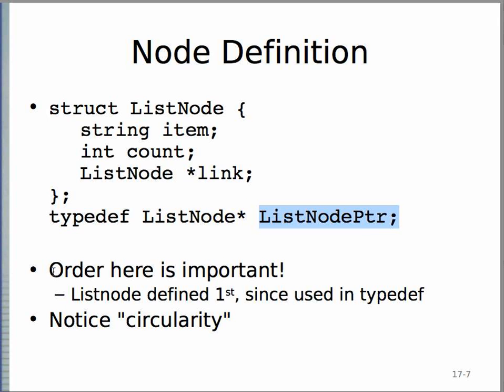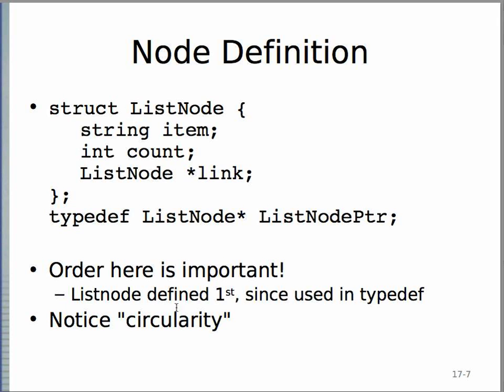A couple of things to note here. Order is important. That is, you could not put this typedef in before the struct list node, because you need to know what list node is. In this case, it's a struct. So list node is defined first, and then it's used in the typedef.